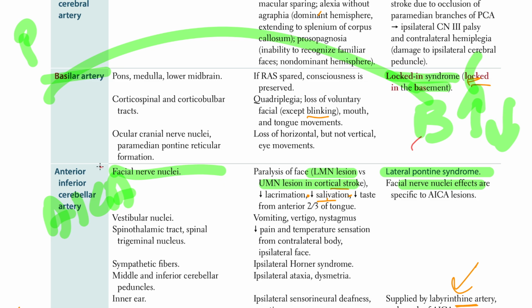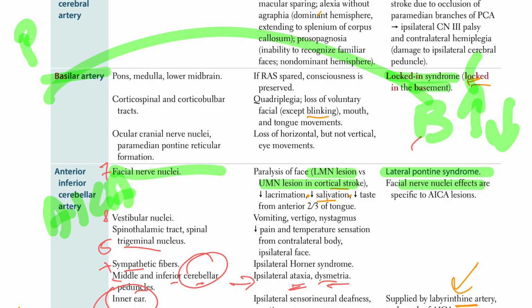Cranial nerves 7, 8, trigeminal nucleus 5, with the sympathetic fibers Horner syndrome, middle and inferior cerebellar peduncles. They are going to the cerebellum, so they give you ataxia, dysmetria. Inner ear for sure, vertigo and deafness, right? And that's pretty much what we have for the ICA.